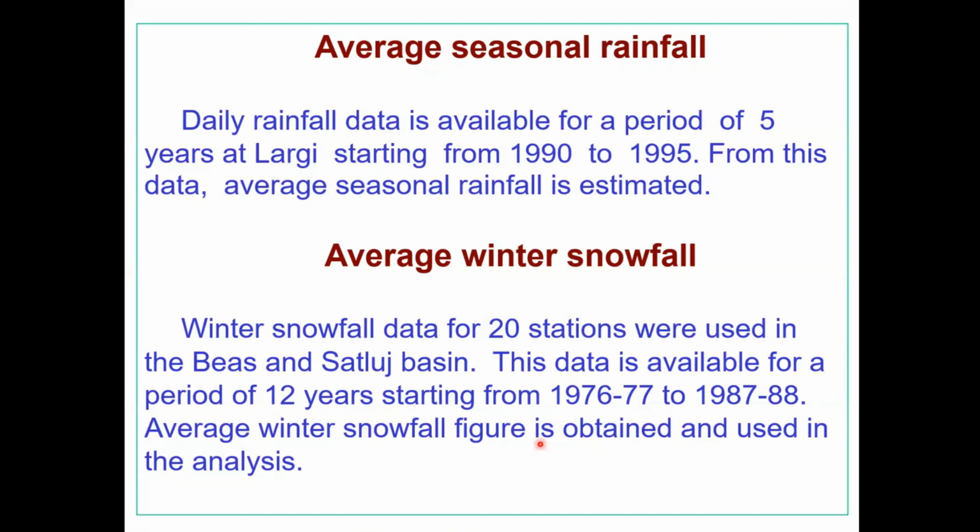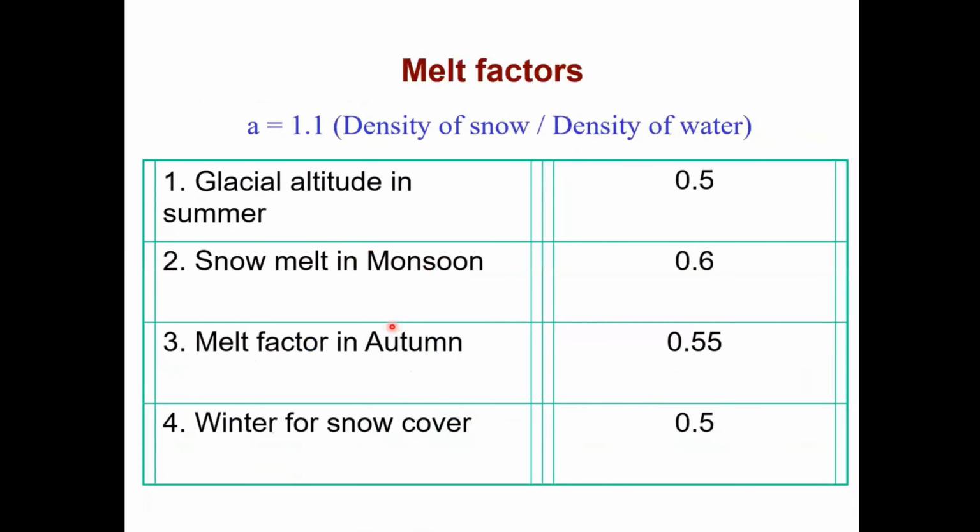So you take the daily rainfall data, which was available at that time, very old data, roughly 90 to 95. The average winter snowfall was available for 20 stations for 1970 to 1988, and it was used in the model. So there are different melt factors given.